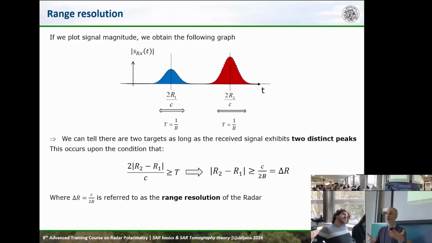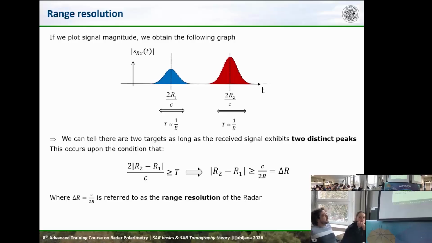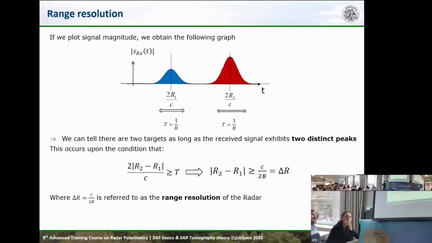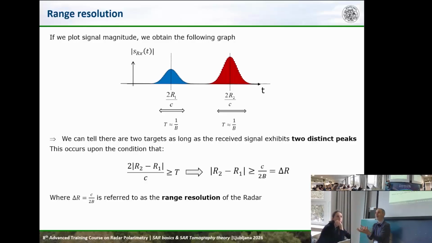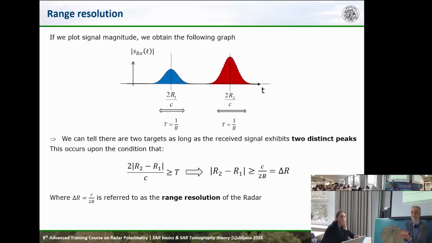Now, if the distances of the two targets from the radar were too similar, then those two peaks would overlap. At this point, I no longer see the two peaks. I see just a single peak. If I see a single peak, it means that I am not able to say that there are two things, so I am not able to resolve the two peaks.